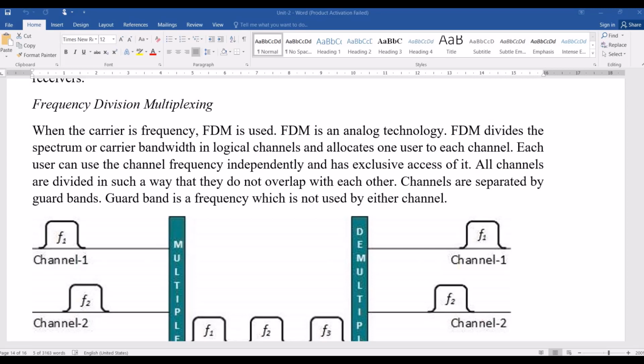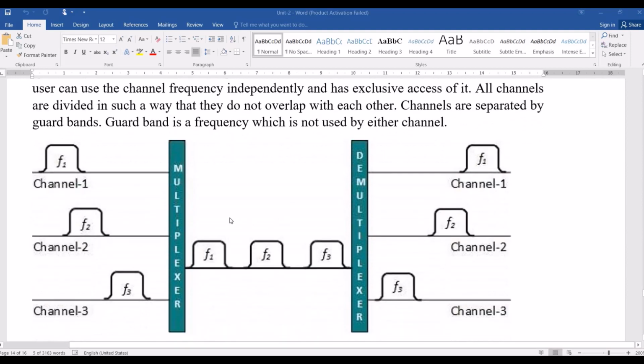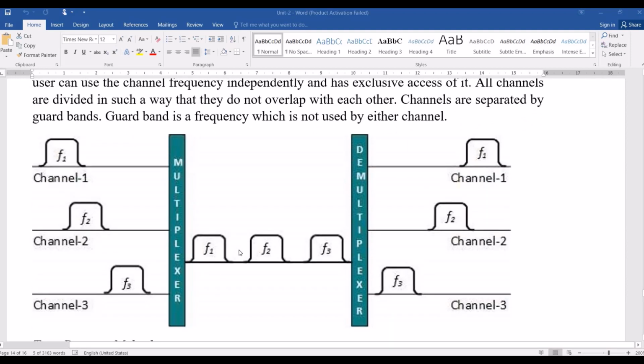Frequency division multiplexing. It's divided into different frequencies. Then these frequencies are sent into a multiplexer, frequency 1, frequency 2, frequency 3, and in the demux it demultiplexes all these frequencies again.